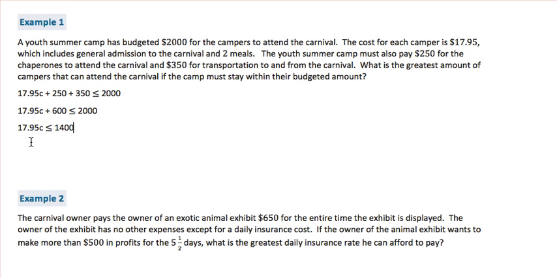Subtracting 600 means it will need to be less than or equal to 1,400. And then finally dividing by 17.95. And our answer is a non-terminating decimal, which if we round to the nearest penny is $77.99.